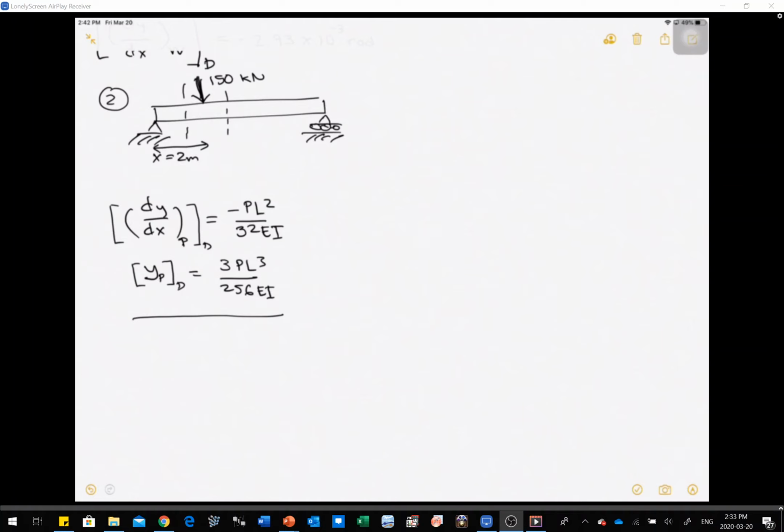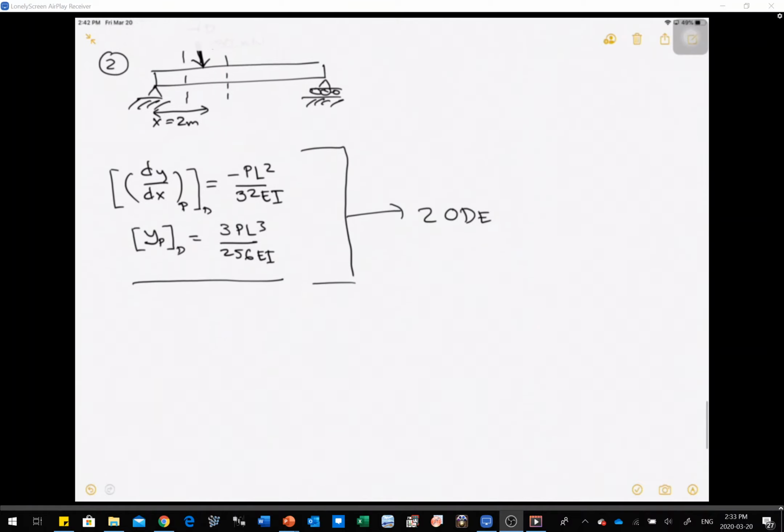So let's see how we can calculate these numbers before we put numerical values for slope and deflection. So for second order differential equation, we need to cut our beam and perform all those integrals.